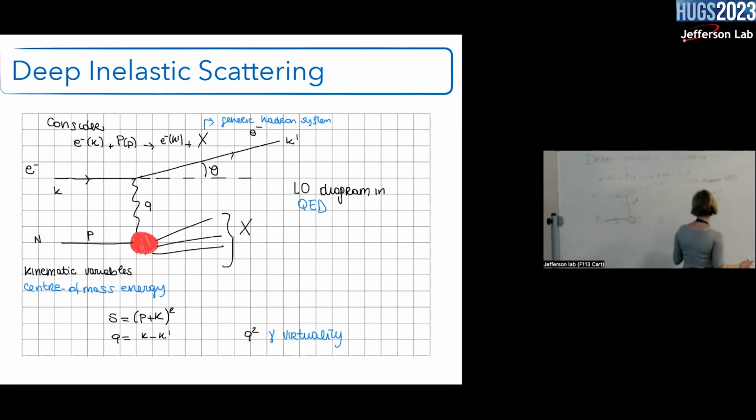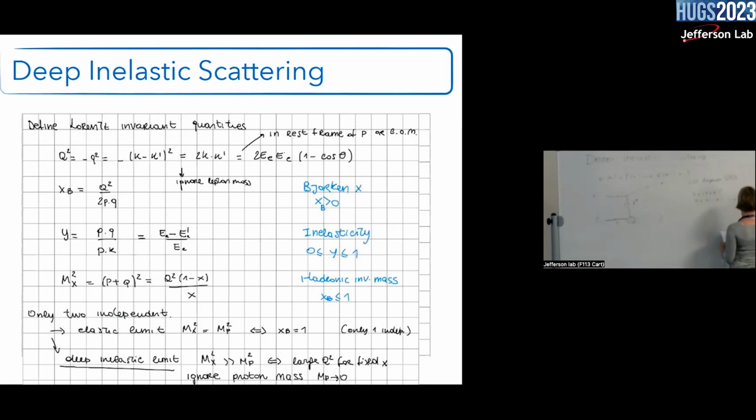Okay, so from this Q, we like to define other kinds of Lorentz invariant quantities that do not depend on the frame. So usually you have Q squared, which is minus the virtuality of the virtual photon, so K minus K prime modulo square, that is equal to 2K dot K prime. We are ignoring the lepton masses. So I'm ignoring K squared and K prime squared because the masses of the leptons are much smaller.